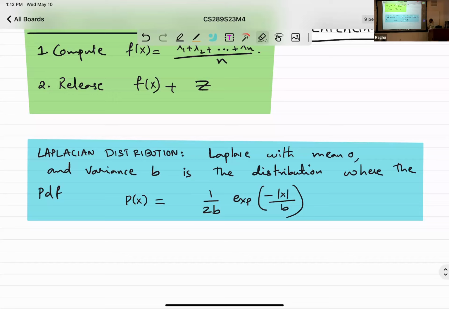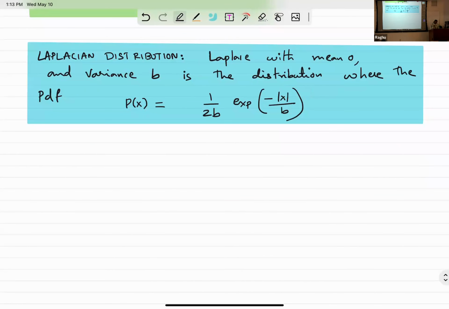The probability that it takes the value 0 is exactly 1/2b. The probability it takes the value 1 is 1/2b times exponential minus 1/b, and so on. A little bit like the Gaussian, except you don't have the square. The square is missing. And pictorially, maybe it looks something like this. It's a univariate distribution.